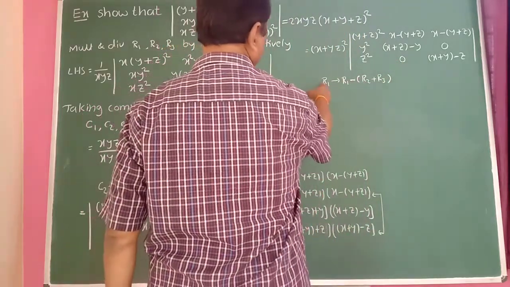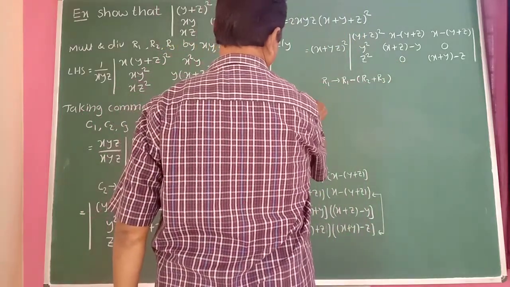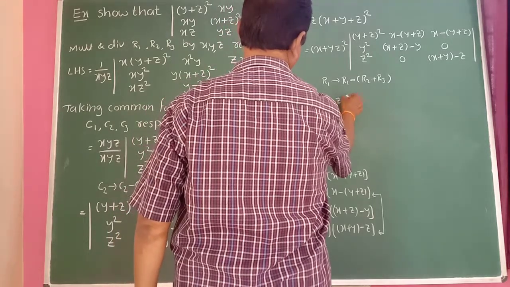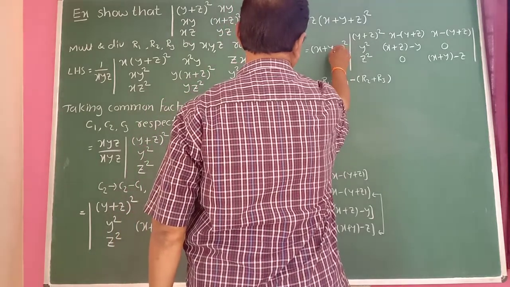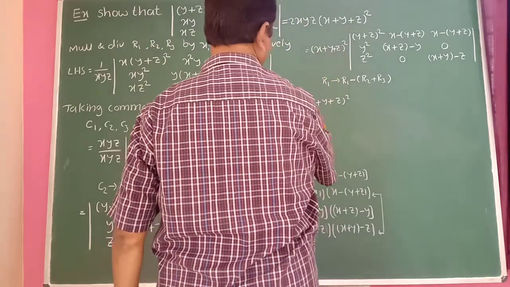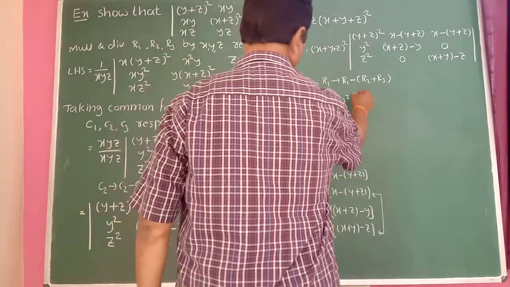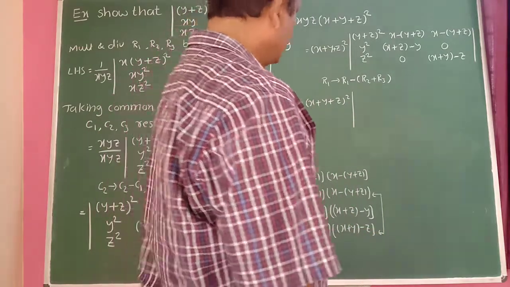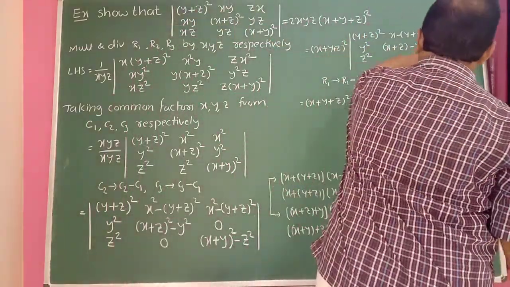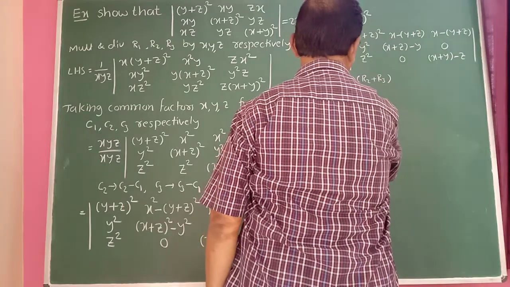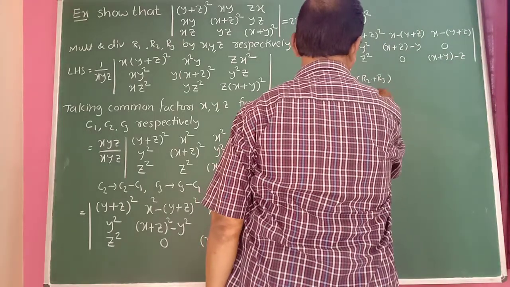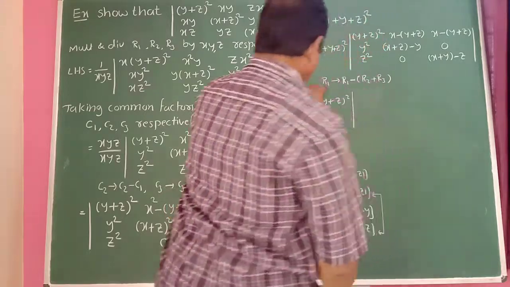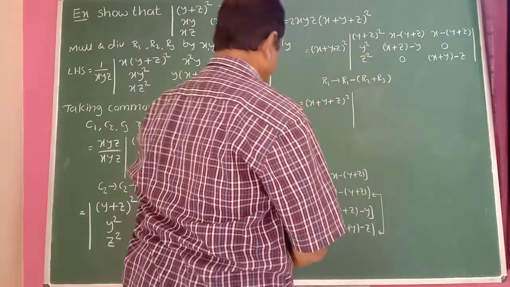Therefore, only the first row changes here. (x plus y plus z) whole square is there again, (x plus y plus z) whole square, and write this one as it is. So determinant of: the first element write as it is, y plus z. Only the first row changes here. Second and third row keep as is.